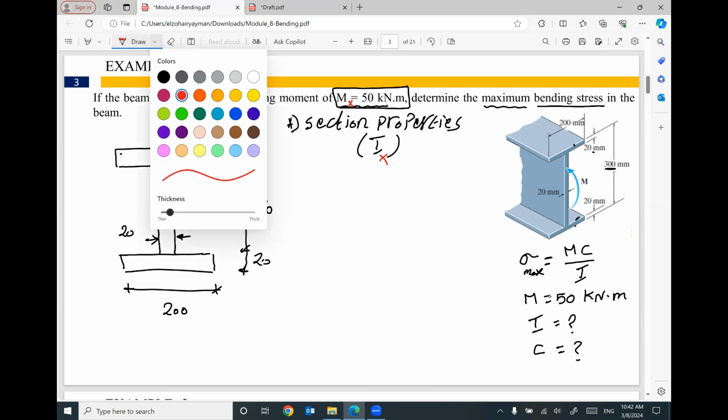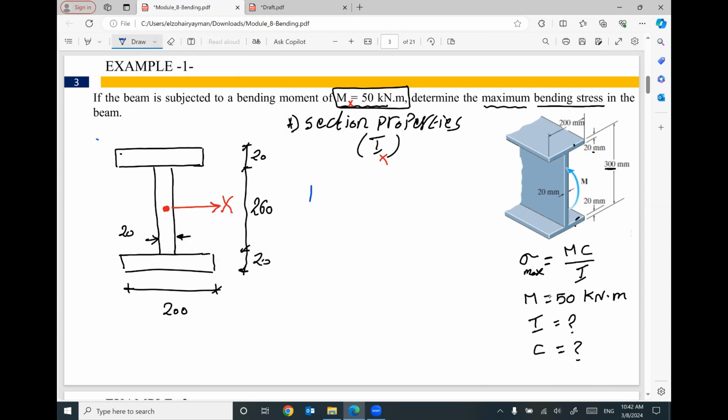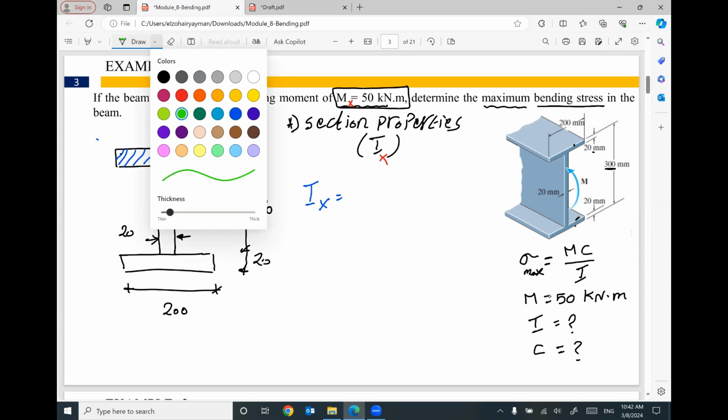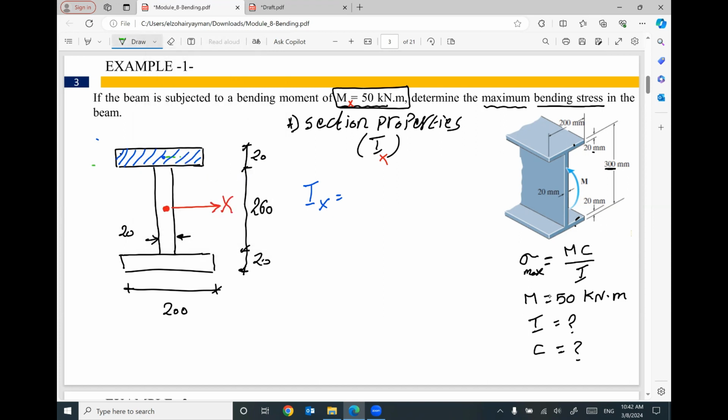Then I can start to figure out the value of Ix. This part of the cross-section is a rectangle, and the centroid of this little rectangle is here. If you assume your x-axis for this little rectangle is here, I can say parallel times perpendicular cubed divided by 12. But I have to add another part, the area of this rectangle.